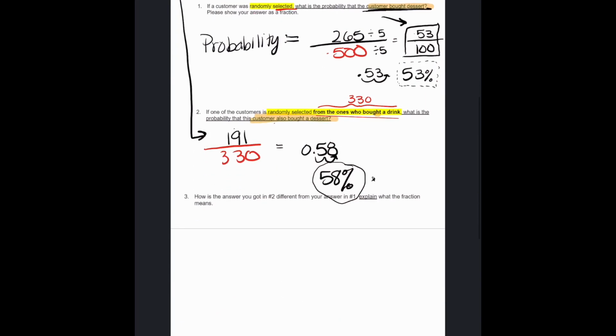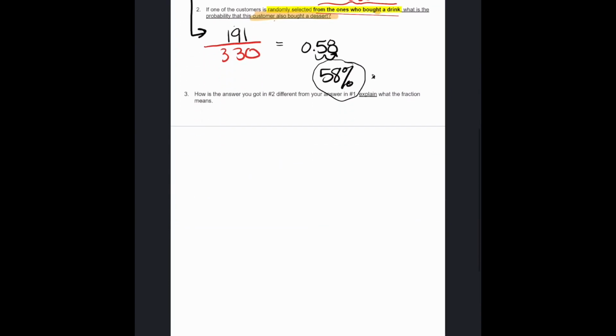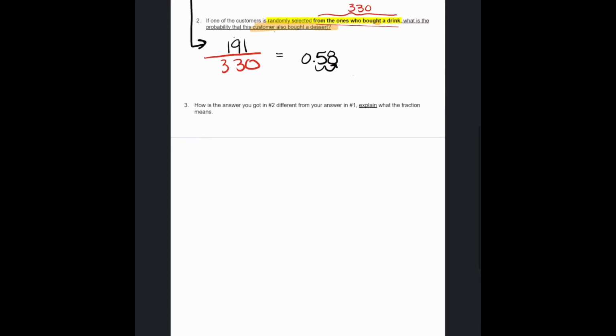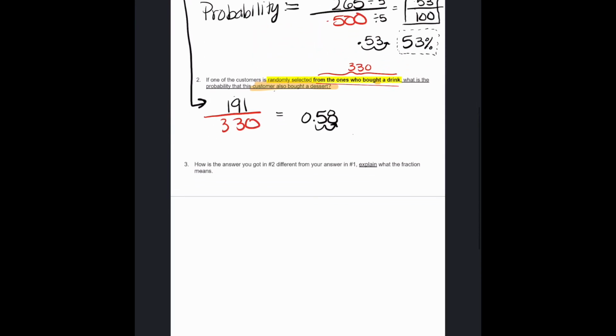Okay, again, go ahead and just keep all of this written on a nice separate sheet of paper. You could email me pictures or you can go ahead and type it up onto the Google Doc. Number 3. This one wants you to explain how the answer you got in number 2 is different from your answer in number 1. And they're actually referring to the fraction more specifically, your original fraction.